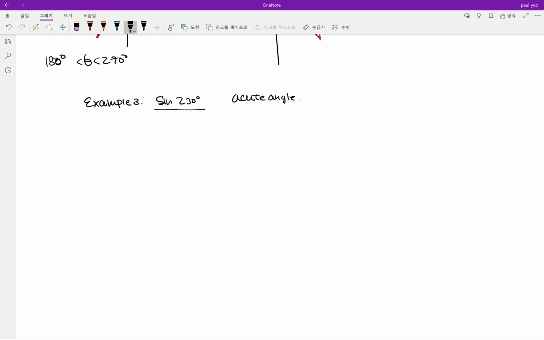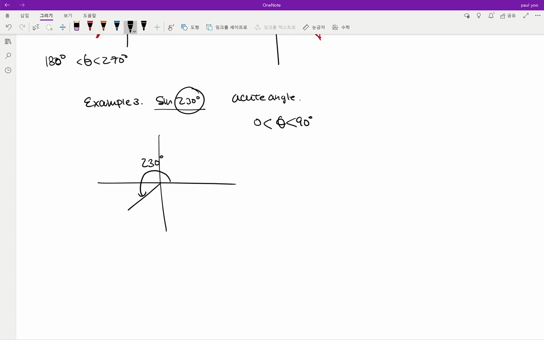Knowing 230 is greater than 180, that will be the angle right there that we label as 230 degrees, but 230 is definitely not an acute angle. In order to be an acute angle, it has to be in between 0 and 90 degrees. So this is how the trick works.